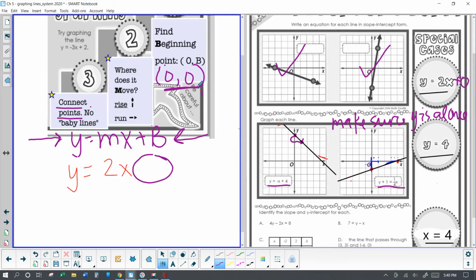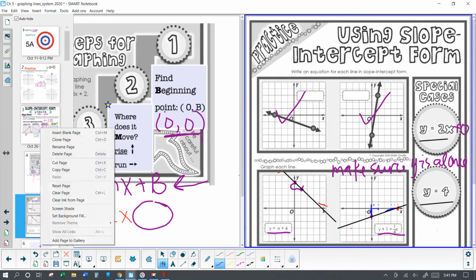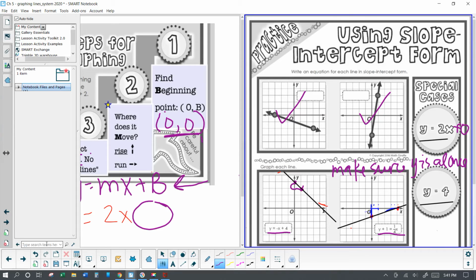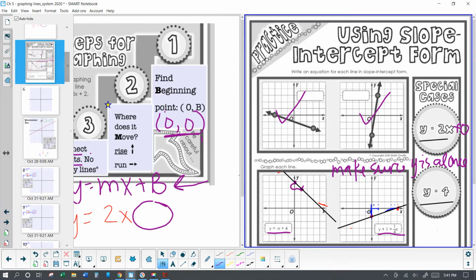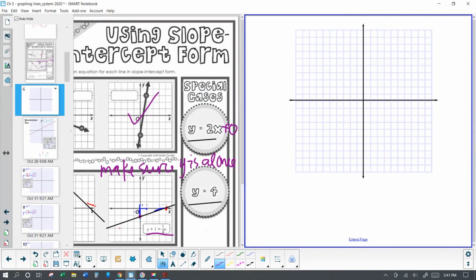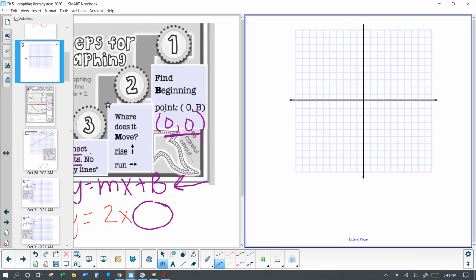Let me just find my graph here. Let's just slide this down. I have a blank graph in here, and I'm going to move it. There we go. Okay, so we're going to graph this equation, y equals 2x.